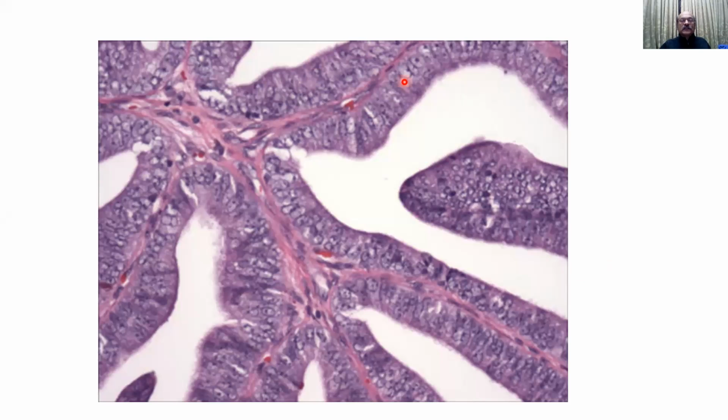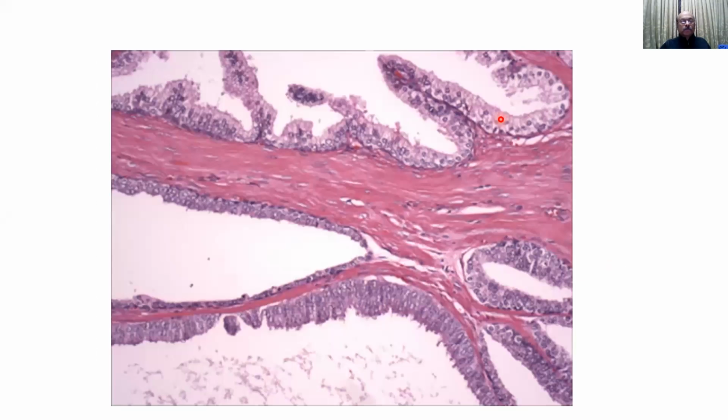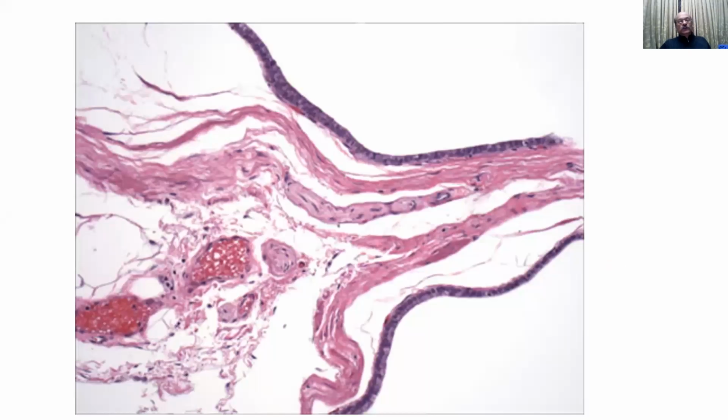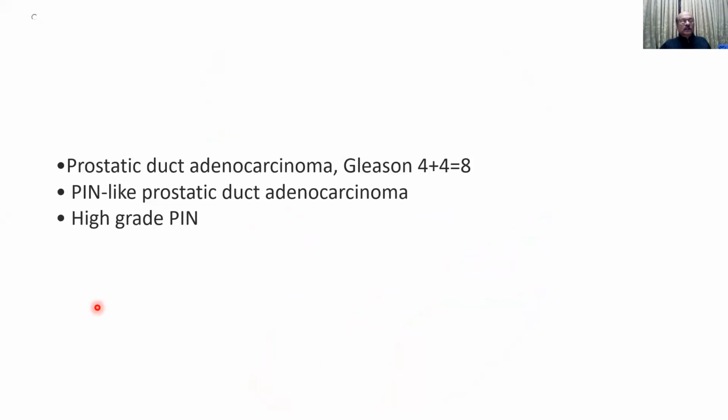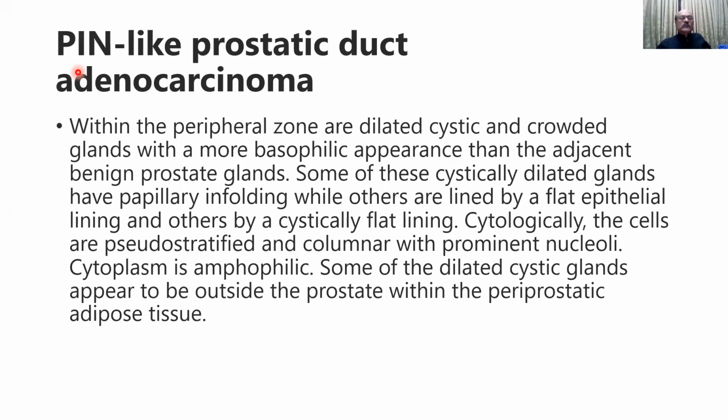These cells show pseudostratification. So there are choices: prostatic duct adenocarcinoma, Gleason 4+4, PIN-like prostatic duct adenocarcinoma, and high-grade PIN. So these three are choices, and the diagnosis is PIN-like prostatic duct adenocarcinoma.